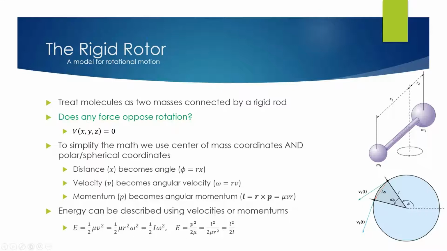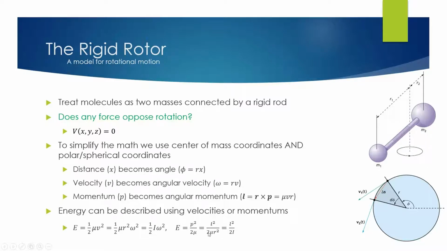Similarly, we can do the same thing with momentum. Energy is equal to the square of the momentum over 2 times the mass. Here in rotation, we can substitute in what linear momentum is in terms of our angular momentum. The angular momentum is the linear momentum times r, so the linear momentum is L divided by r.